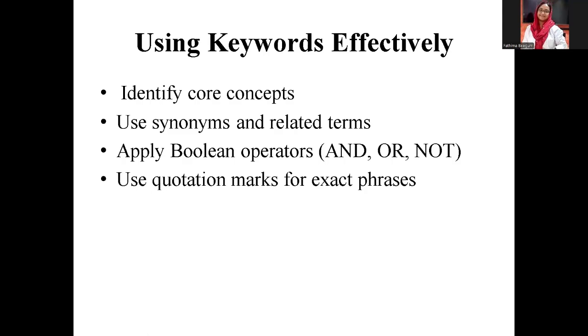Use core concepts. You have to use various synonyms and related terms as keywords. Also, as I told you, Boolean operators AND, OR, NOT can be used, and also use quotation marks, double inverted commas, for exact phrases in order to use the keywords effectively.